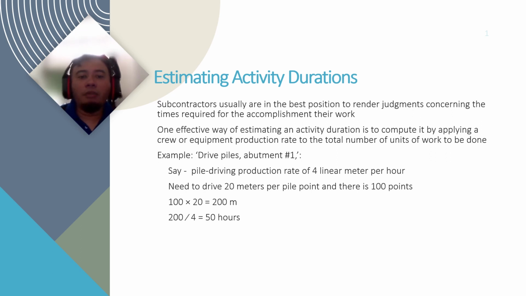One effective way of estimating an activity duration is to compute it, by applying a crew or equipment production rate, as we discussed in the previous video. So what is the production rate for a crew or a certain equipment?